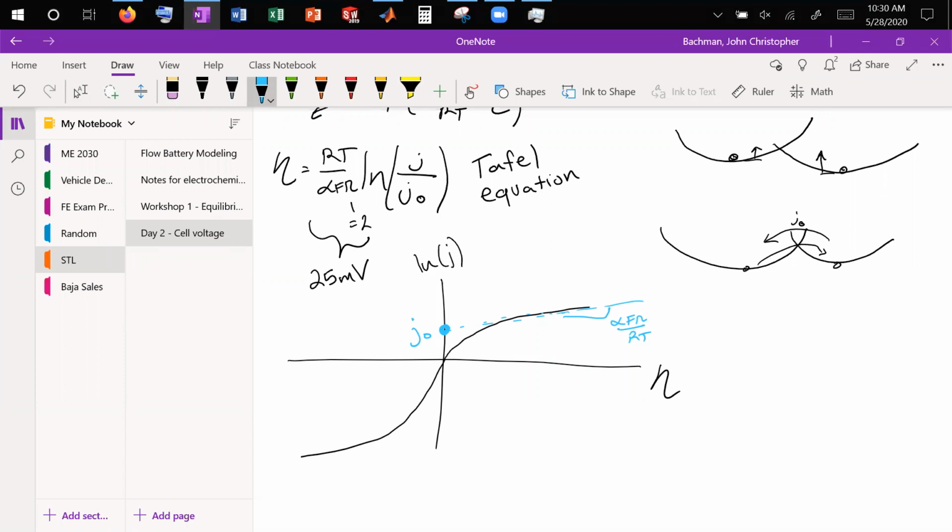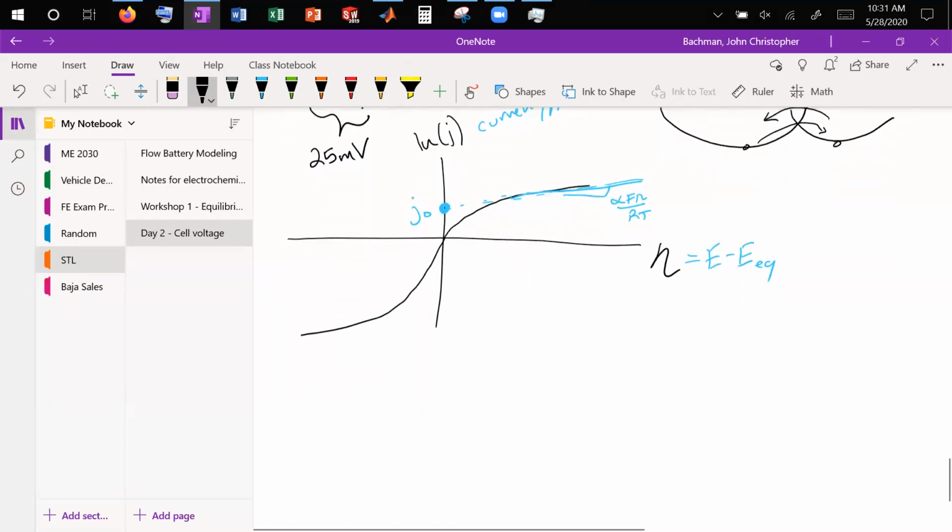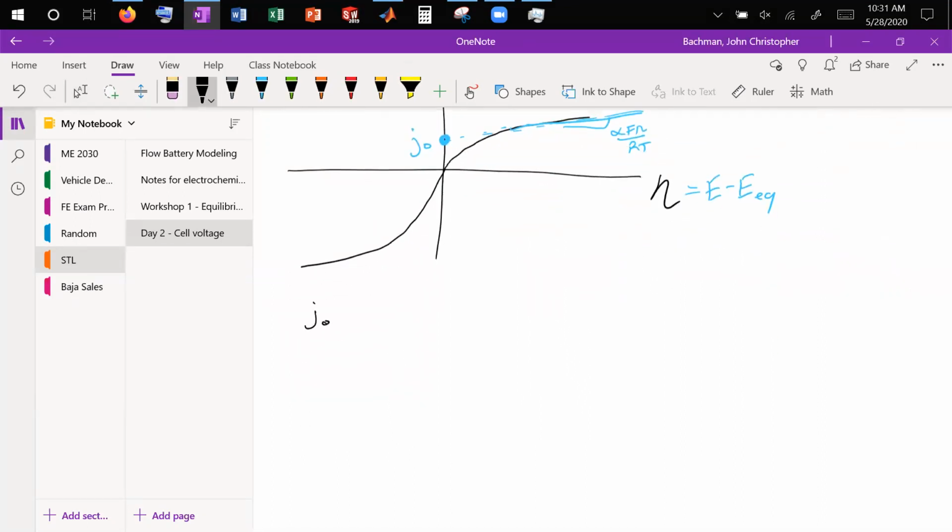Right, so typically this is how you get the data. You'd run an experiment and you'd measure the current. So this is the current. You just divide it by area and then take the natural log of it. And this would be your voltage minus the equilibrium voltage. So you make this plot and then you'd fit this data here. And so what's basically been found for platinum in fuel cells: this J naught for platinum for the hydrogen side of the fuel cell is like 5 times 10 to the negative 4 amps per centimeter squared.